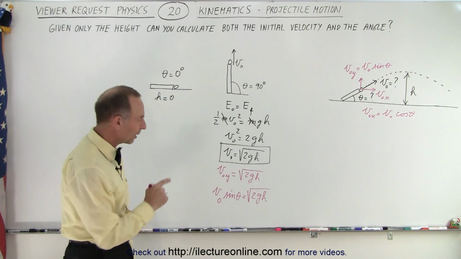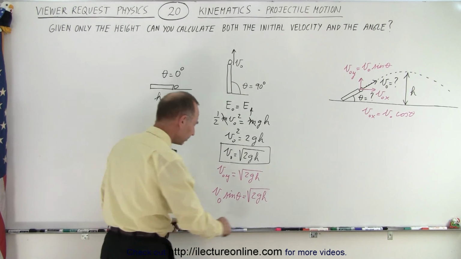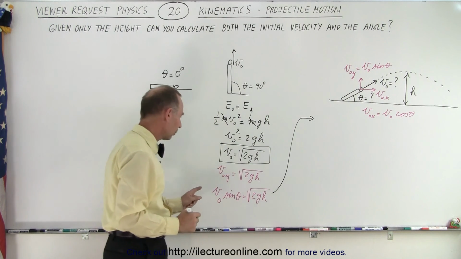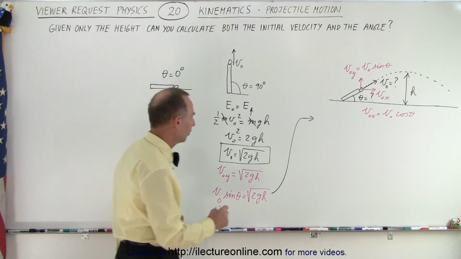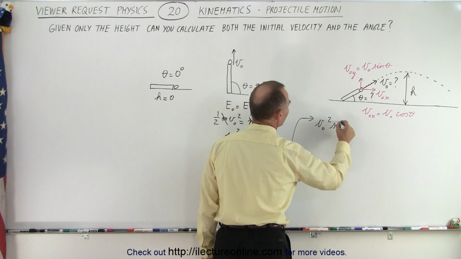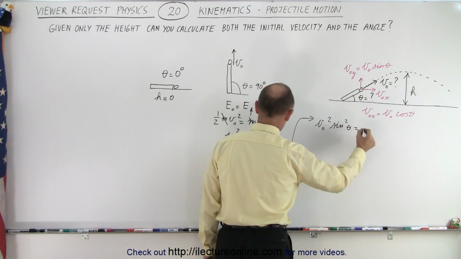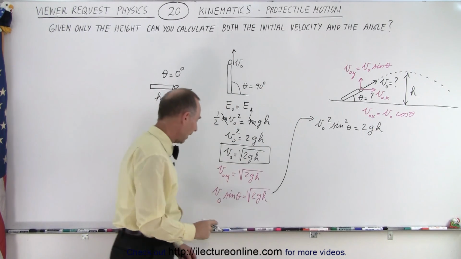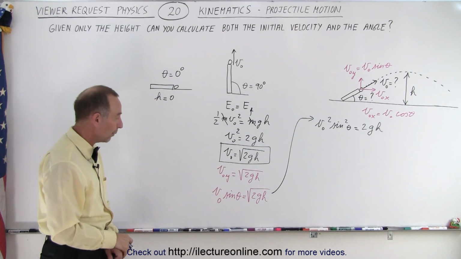So let's solve that equation for h. The first thing we're going to do is square both sides. So we get v initial squared times sine squared of theta is equal to 2gh. I squared both sides of the equation to get rid of the radical.